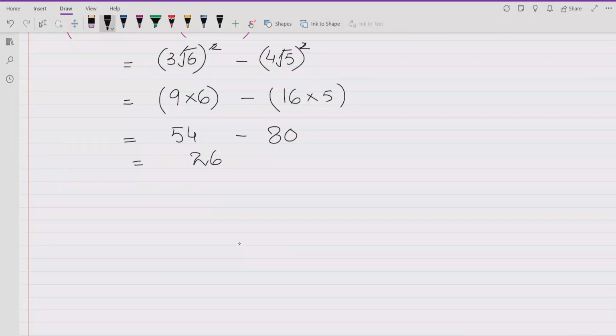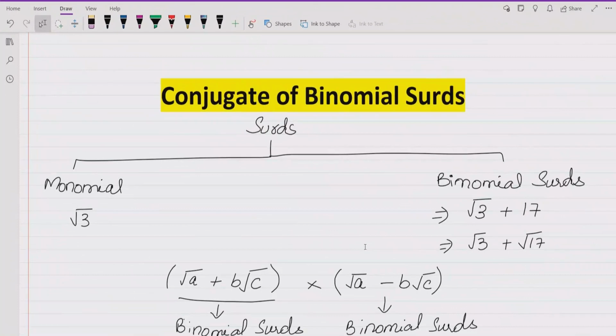So we have the sign 80 with a minus sign, and we get the answer minus 26. This is the answer of this question, right? I hope you understand how we can solve the conjugate of binomial surd.